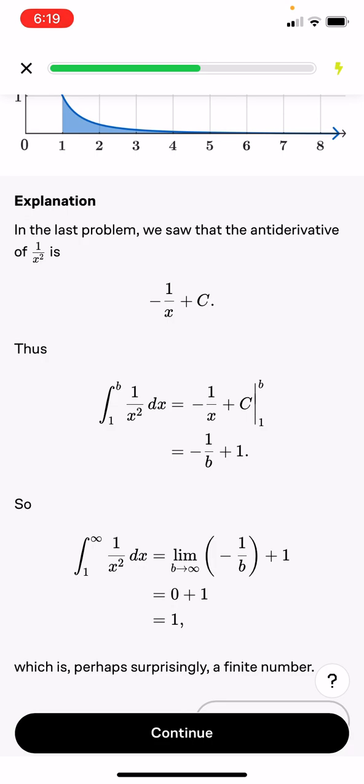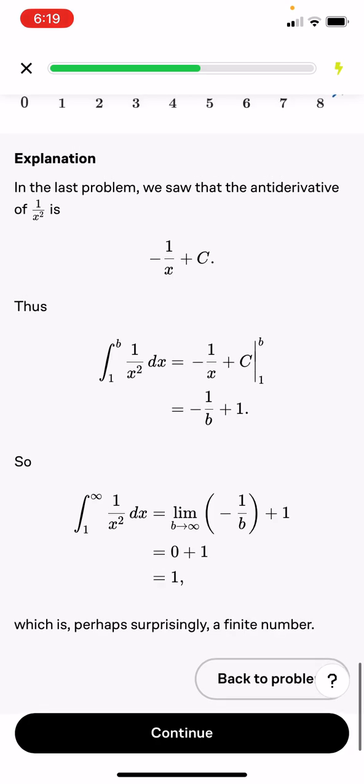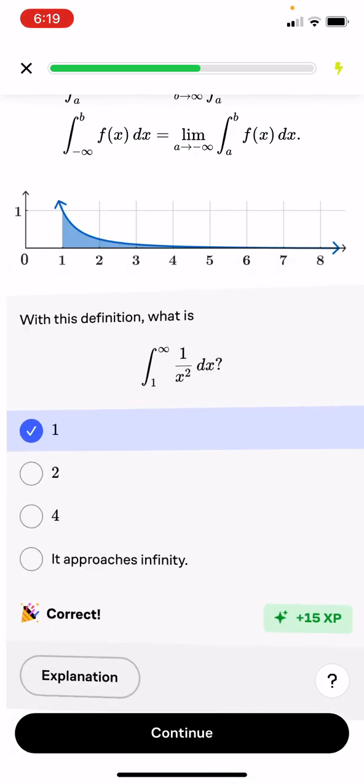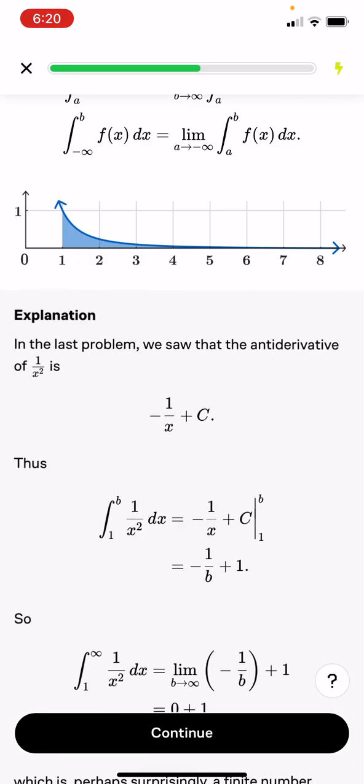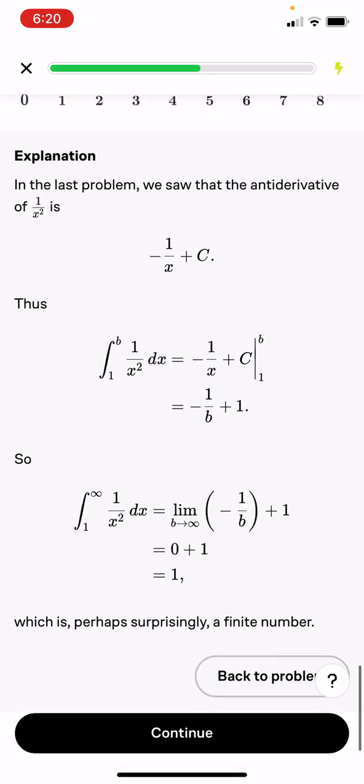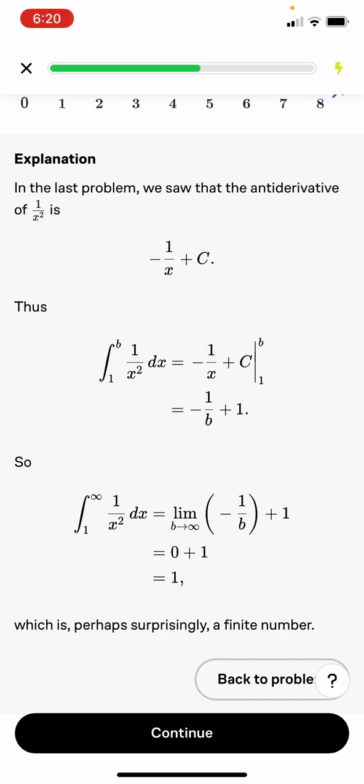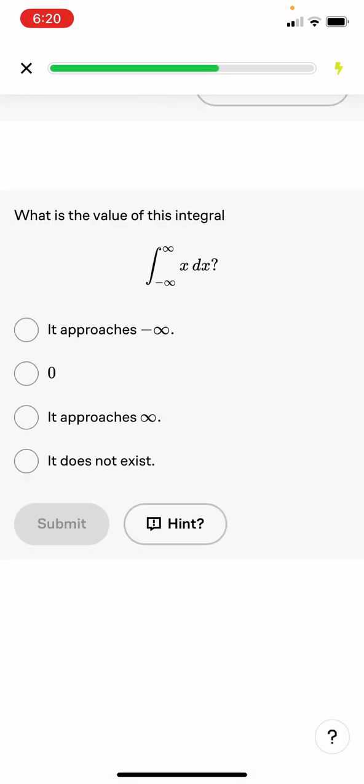And then if we take the limit as b goes to infinity, negative 1 over b plus 1 equals 0 plus 1, which should equal 1. I guess it would be the plus c, and it would be technically 0, which is perhaps surprisingly a finite number.